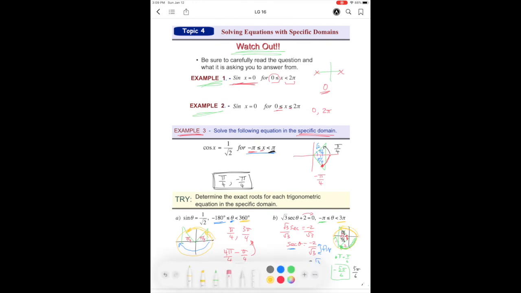So what we have to do in this situation is take this answer right here, well, let's go over here, I'm running out of room, 5 pi over 6, and add another complete circle, which is 2 pi. So we are going to get 17 pi over 6 as the other answer.